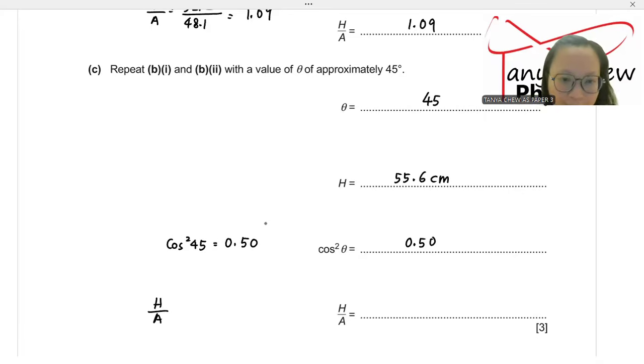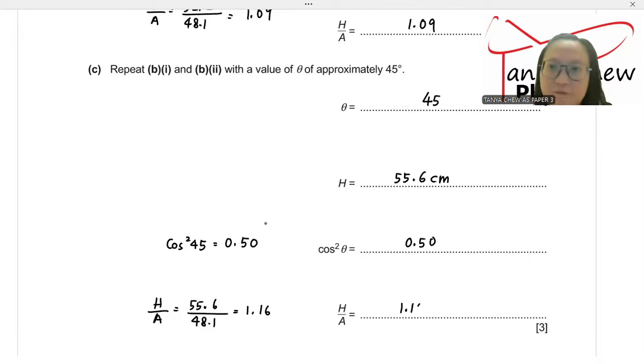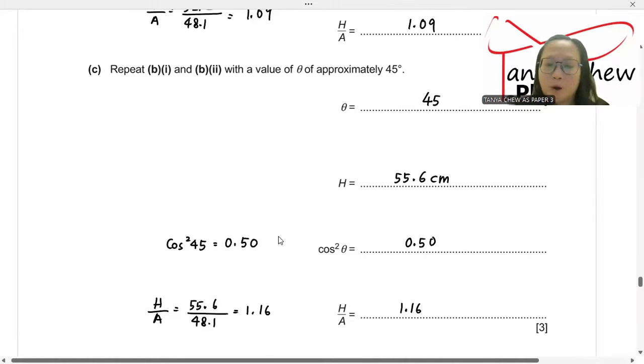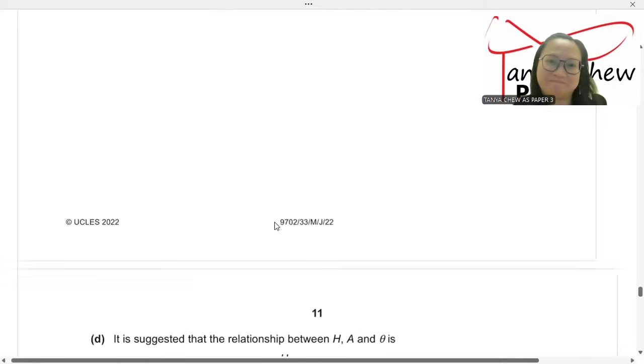H over A: h I got 55.6, A is still 48.1. And I got 1.16. Three significant figures. Why? Because h has 3 significant figures and A has 3 significant figures.